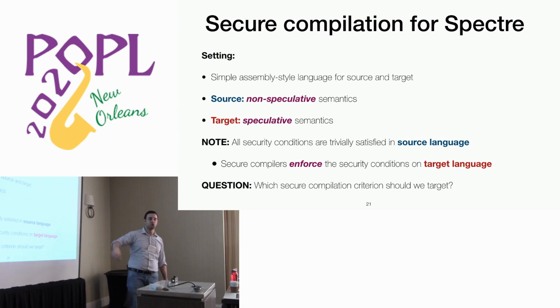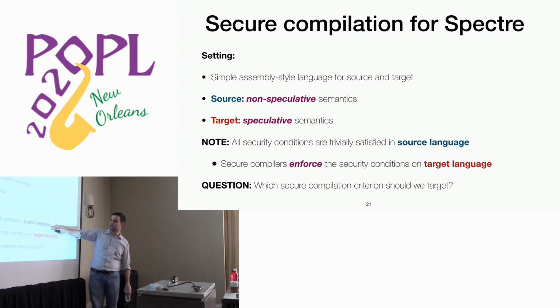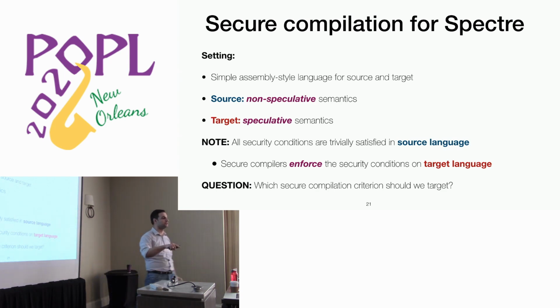In the source language, we just consider the non-speculative semantics. In the target language, we consider the speculative semantics, where we can do speculative execution. And the key point here is that all the security conditions are trivially satisfied in the source language. So secure compilers will effectively enforce the security condition just in the target language.